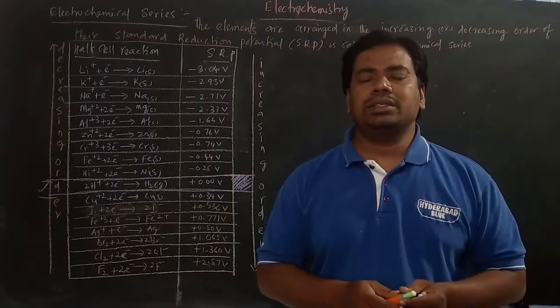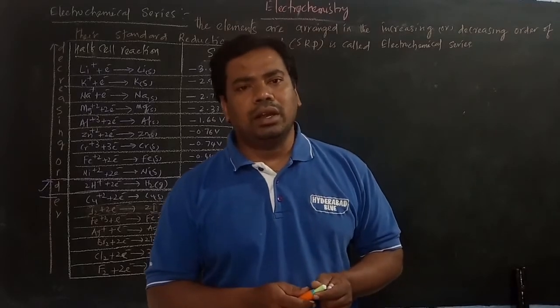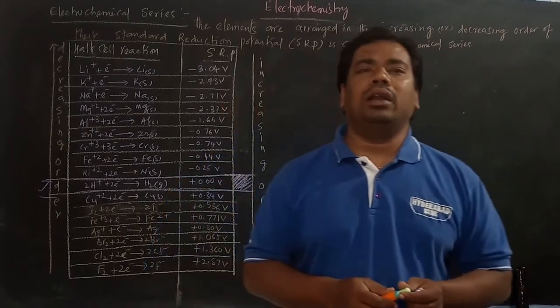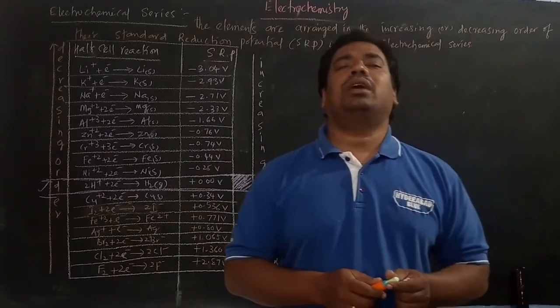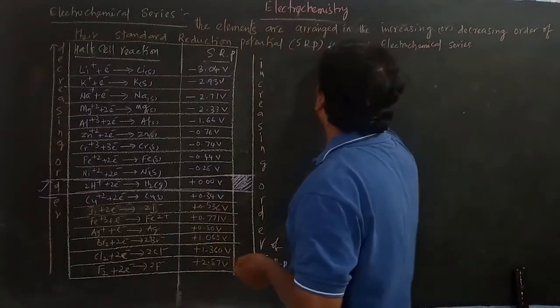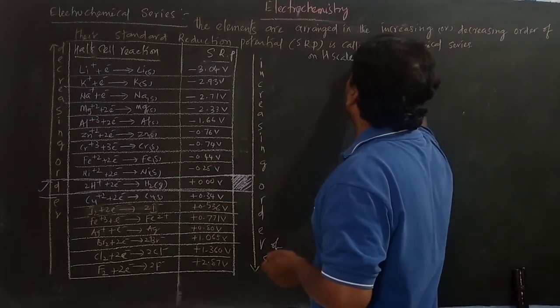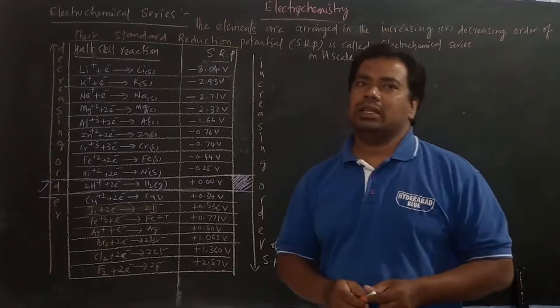The elements which are arranged in the increasing or decreasing order of their standard reduction potential on the hydrogen scale is called the electrochemical series.